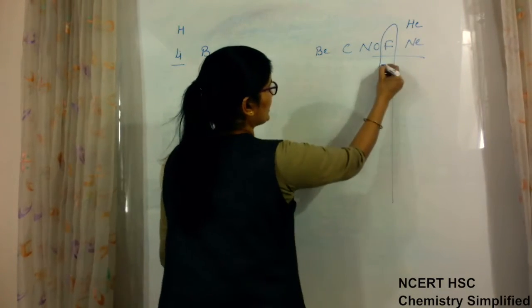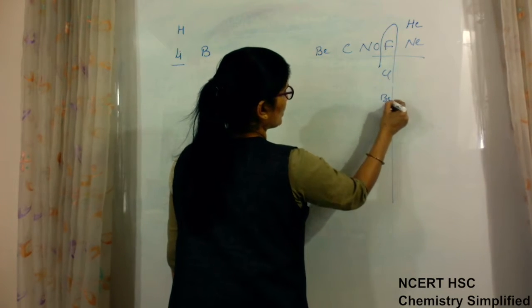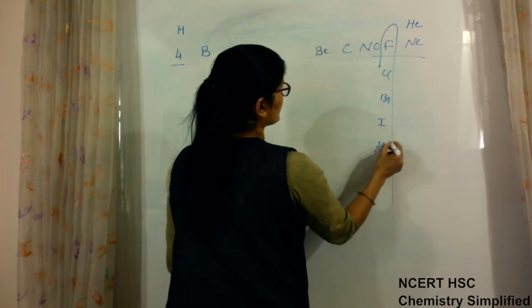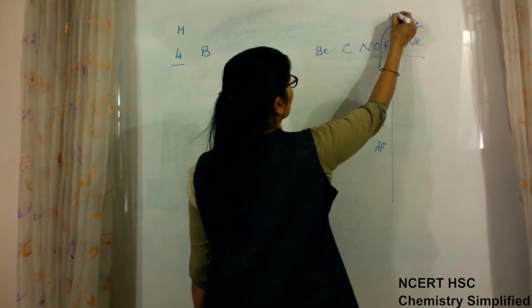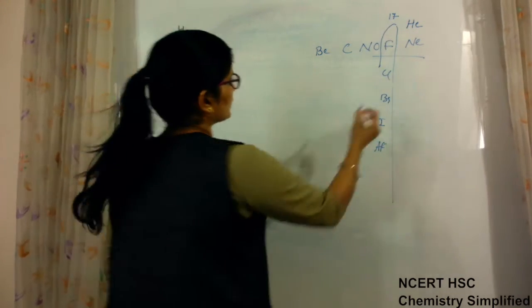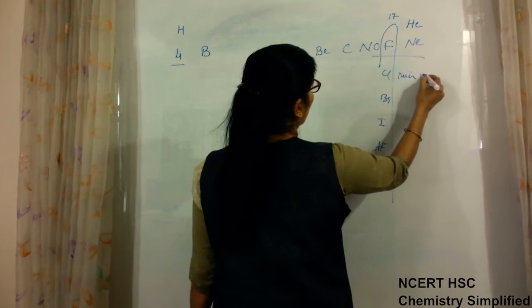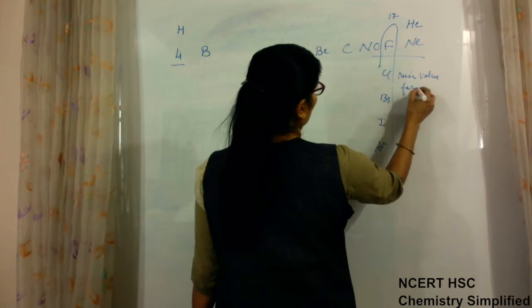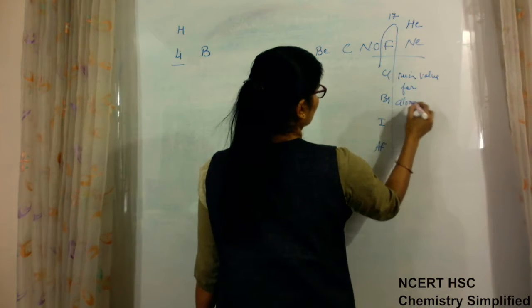group number 17, fluorine, chlorine, bromine, iodine and astatine. This is group number 17. This group should have the minimum value for atomic radius. Okay.